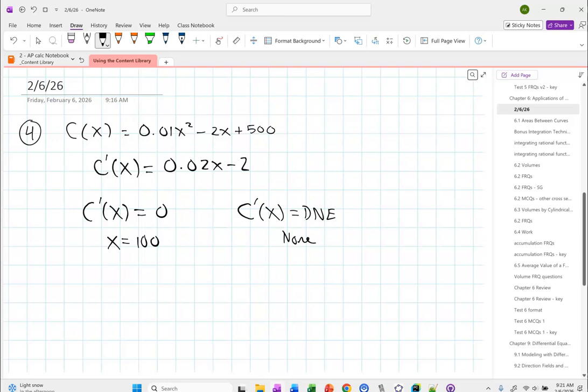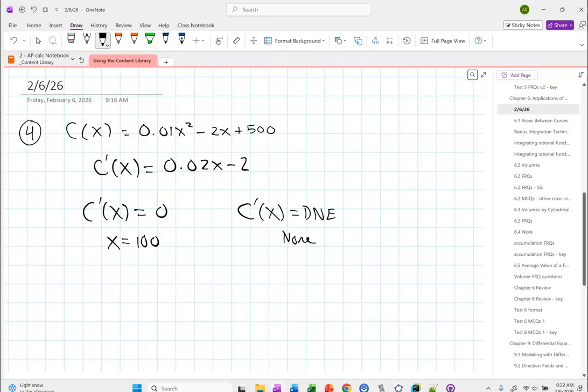Feel good? Okay. Now, I need to pause here for a moment and think about the domain of this function. Because before I start my next checks, I need to know if I'm minimizing or maximizing over an open interval or a closed one. Okay? All right. What is the x representing in this function? Number of units produced, right?